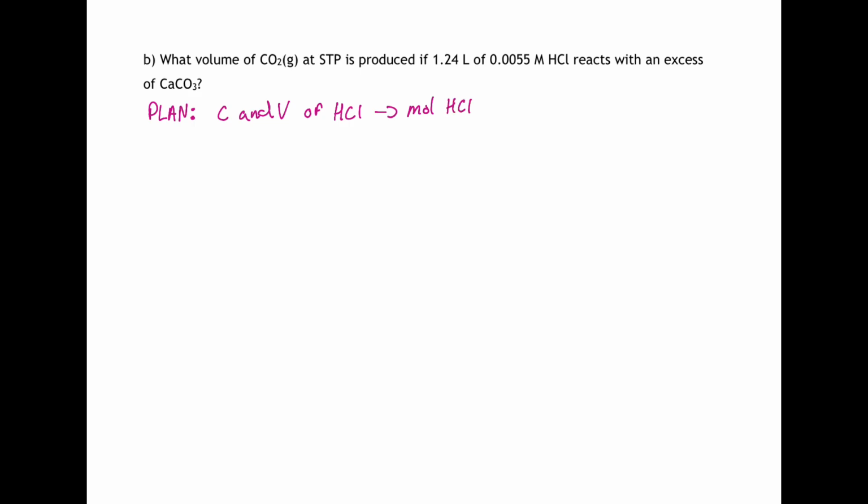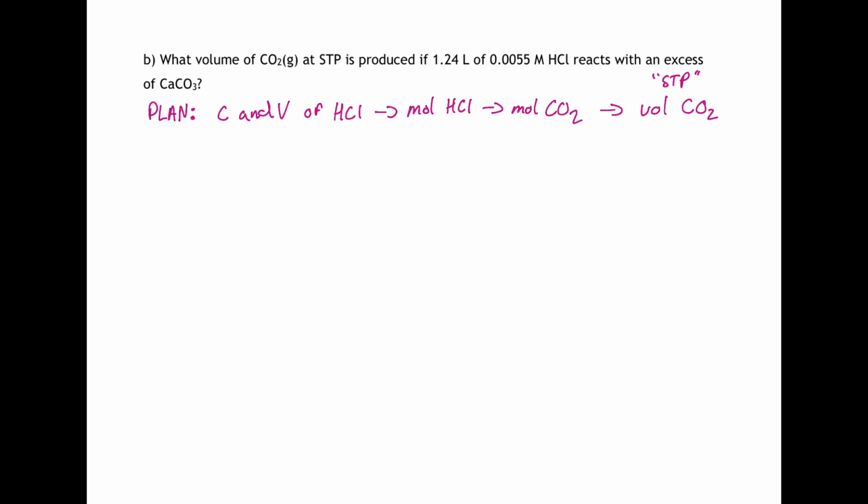So once I get moles of HCl, anytime I get moles of anything, I can turn it into moles of anything else in the reaction. And so we're going to turn those into the moles of CO2. And once I have moles of CO2, I can go into volume CO2. I can use the STP to get the end volume. So this is the STP part.